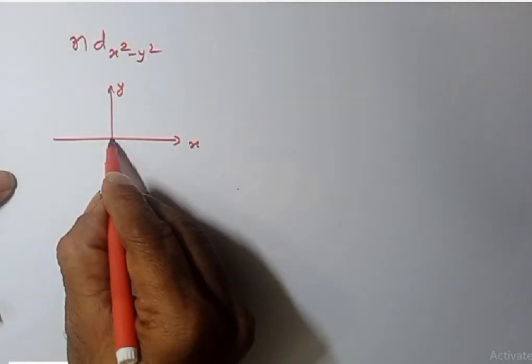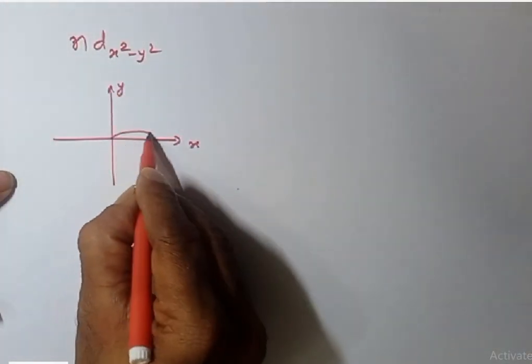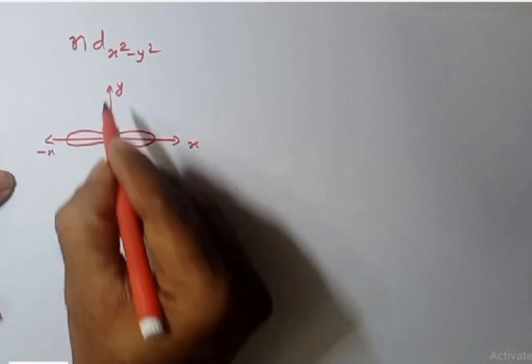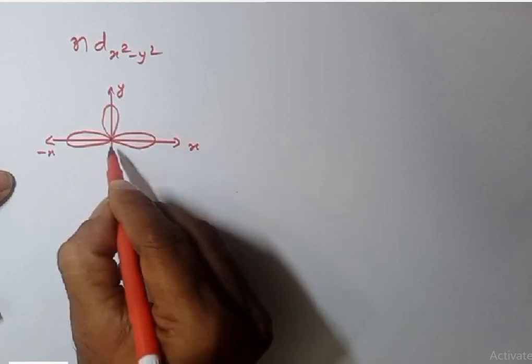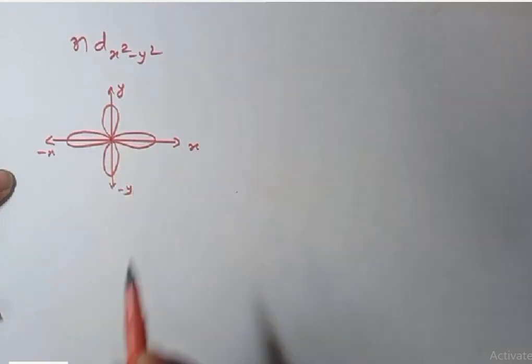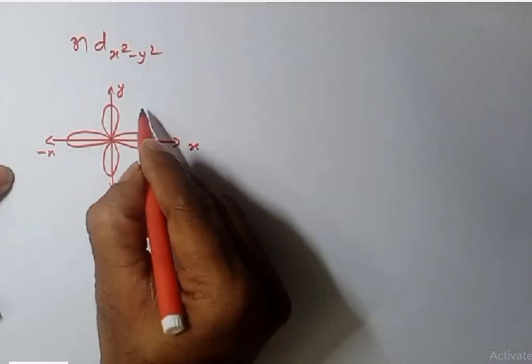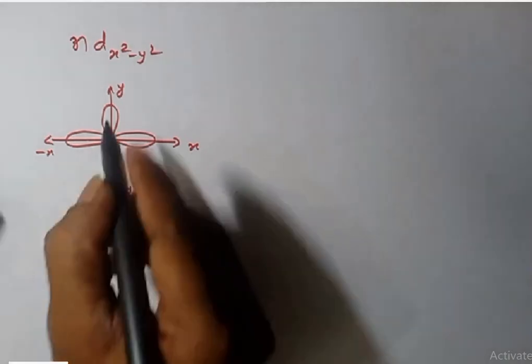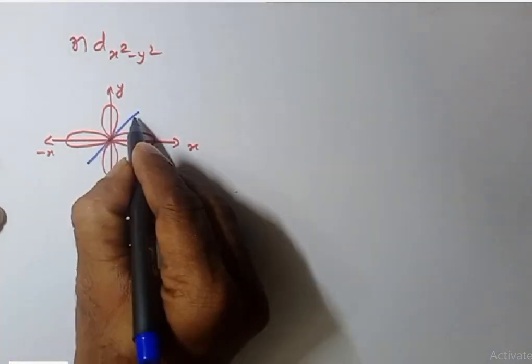Listen, now for dx square minus y square, the lobes are present in the positive x and in the negative x, and in positive y and negative y. All the lobes are present along the axis, right? Along the axis. Now we have a nodal plane here. I'll show you a nodal plane. So this is a nodal plane, a mirror plane.